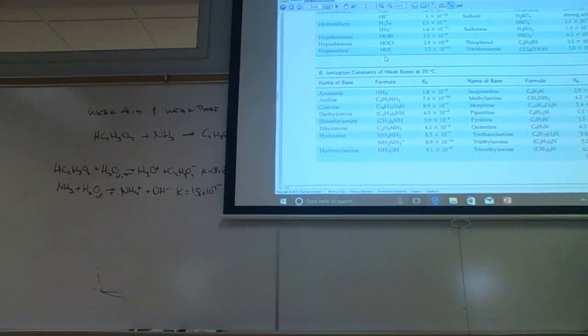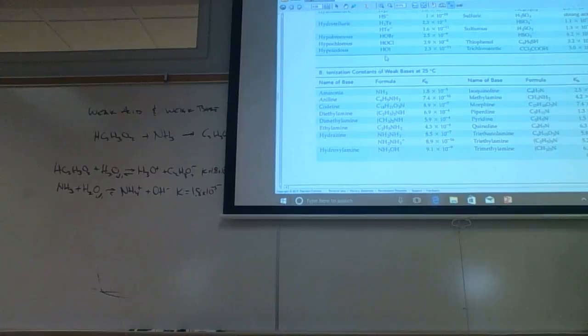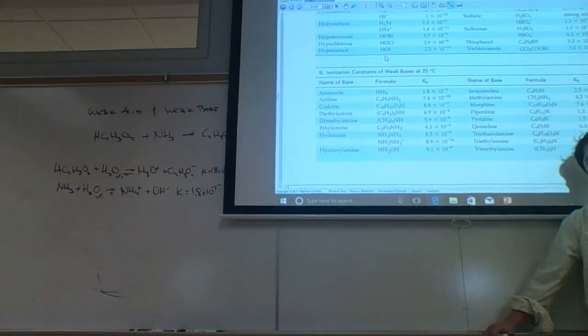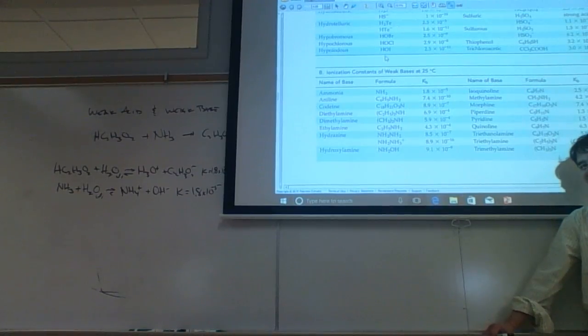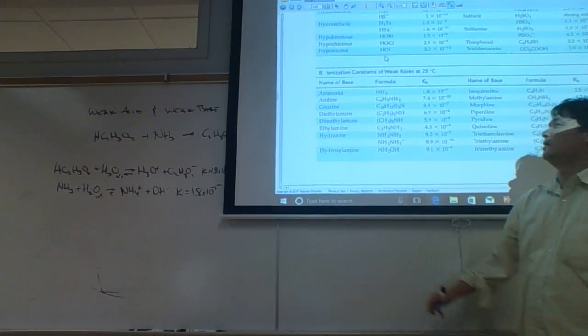I told you we can't use the Kb table because we have to convert it from Ka. Remember converting? Kb equals Kw over Ka for the conjugate? But we do have a Kb table, but there's one restriction about this Kb table. This Kb table is limited to nitrogen, not just nitrogen, but look at the names.